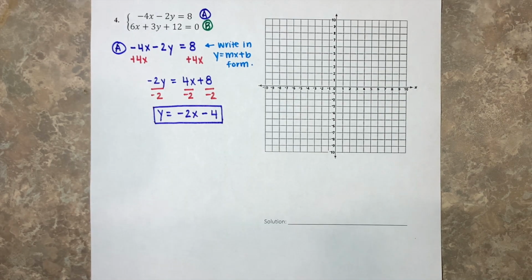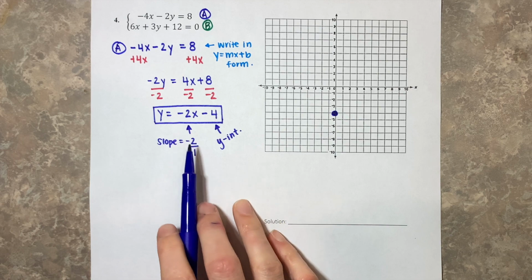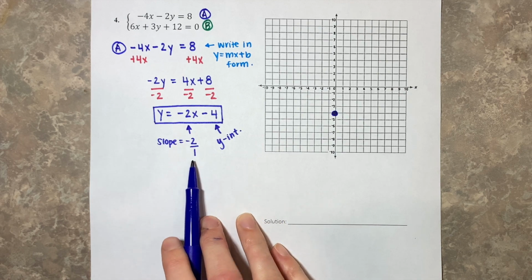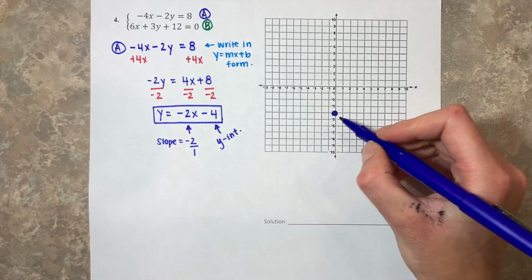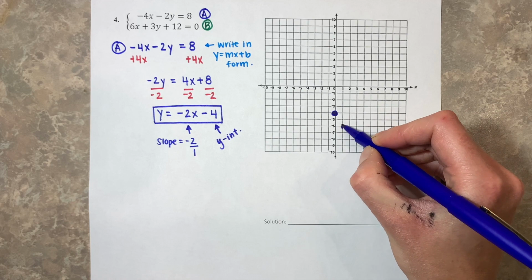Okay, so now that we've written it in y equals mx plus b form, we can see that the y-intercept is -4, and the slope is -2, which I've written as -2/1. So we'll start at our y-intercept, and then we'll count down 2 and to the right 1.